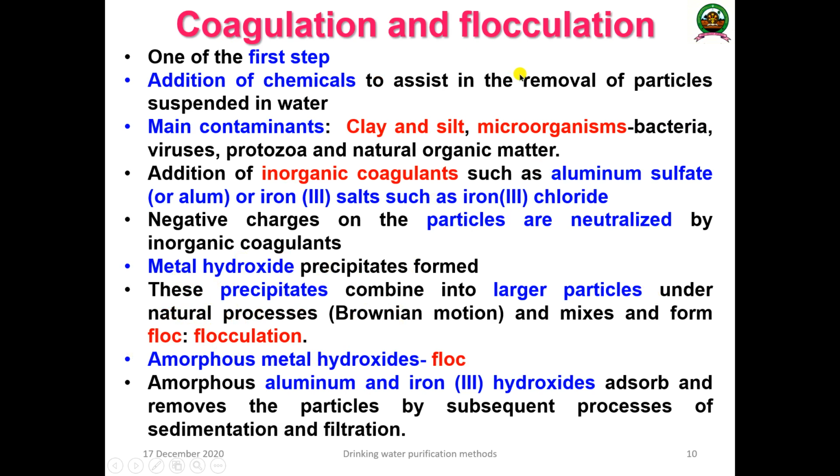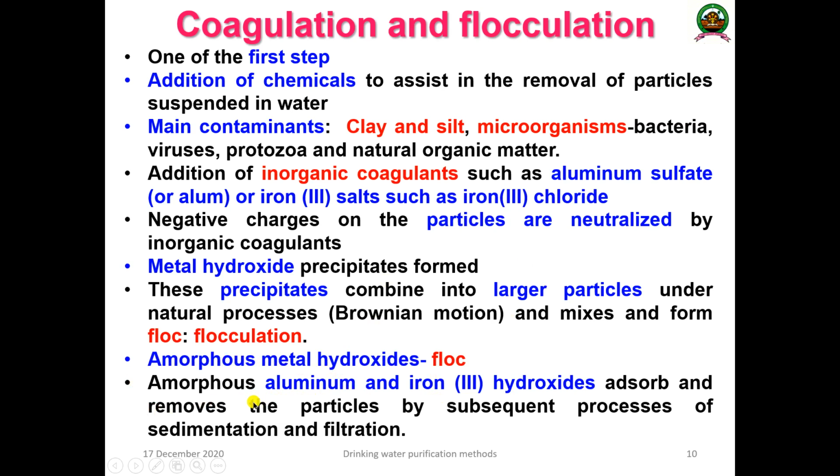So this is another important aspect of water purification. This amorphous small metal hydroxide interacts with a large particle, then it forms an amorphous metal hydroxide that is known as floc. During this flocculation, floc will be produced. So first coagulation, followed by flocculation.